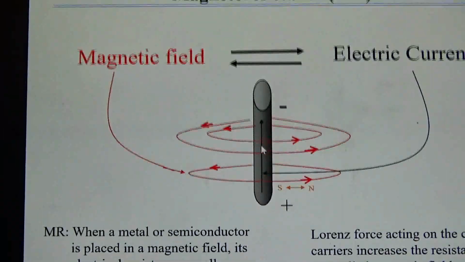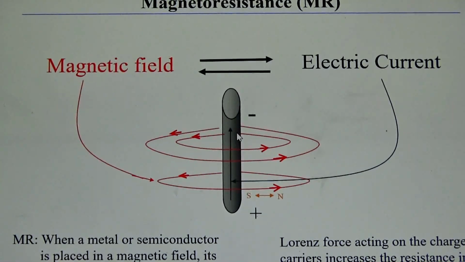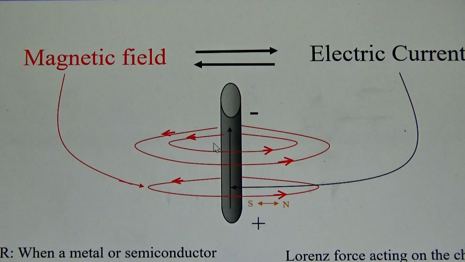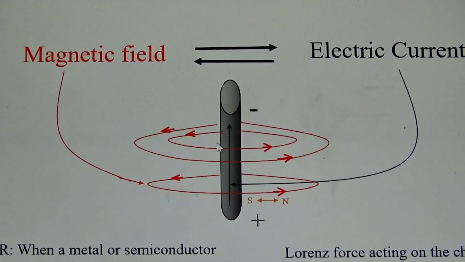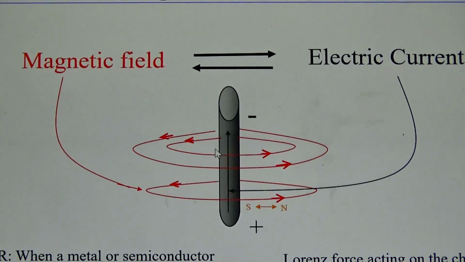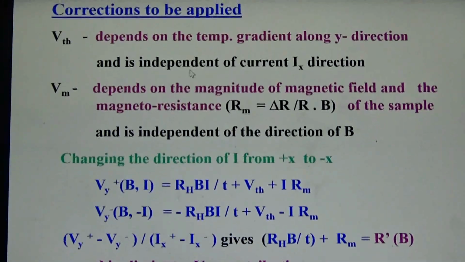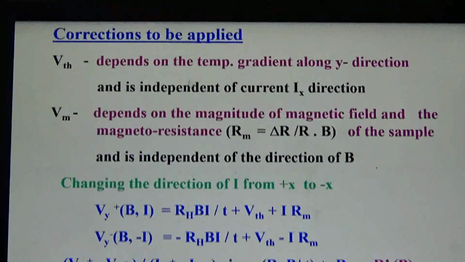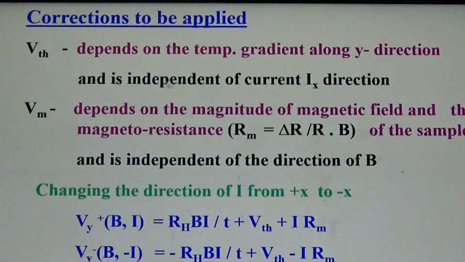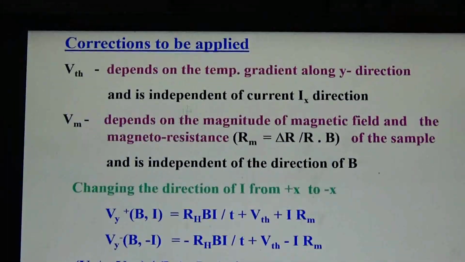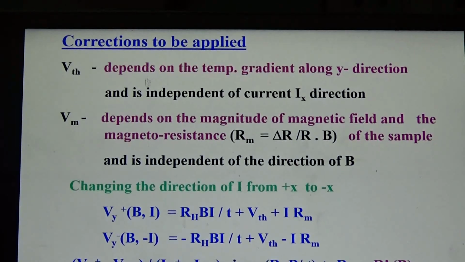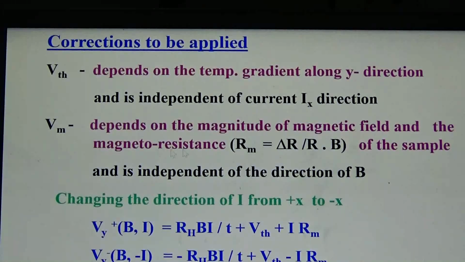In the process, there will be more collisions, due to which there can be a magnetoresistance. So one has to account for the magnetoresistance contribution also, apart from the Hall voltage that you are measuring. So to measure the accurate value of the Hall voltage, one has to correct for the thermo EMF as well as the magnetoresistance.